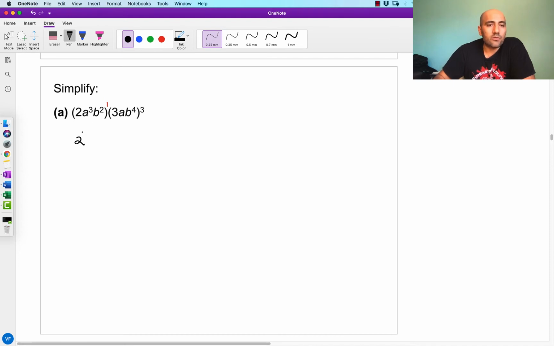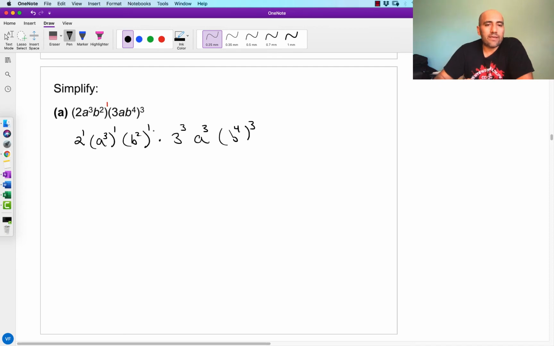So this is going to be 2 to the power of 1, and a to the third power raised to the power of 1, and b to the second power raised to the power of 1. And now these are all raised to the power of 3, so it would be 3 to the power of 3, a to the power of 3, and then b to the fourth power raised to the power of 3.